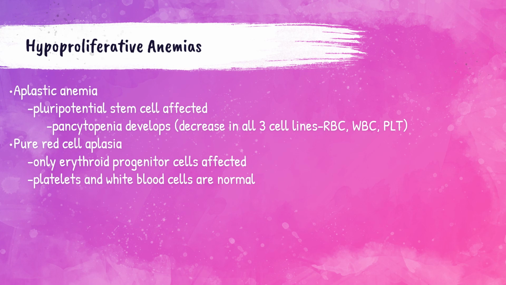So that's the first hypoproliferative anemia that we're going to be talking about. And then we have pure red cell aplasia, and this is where the erythroid progenitor cell is affected. So only the erythrocytes of the red blood cells are going to be decreased here. So white blood cells and platelets are not affected with pure red cell aplasia.